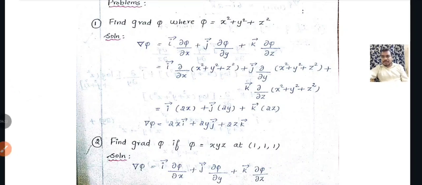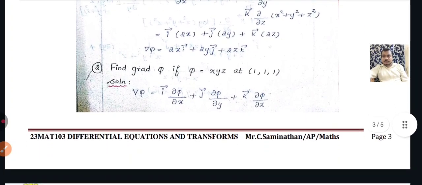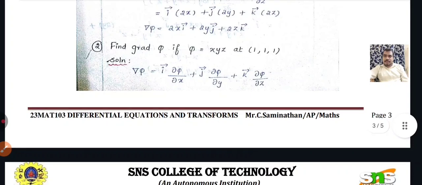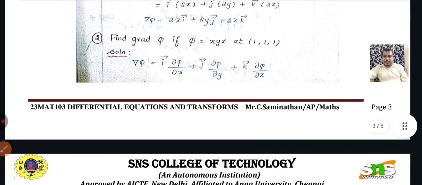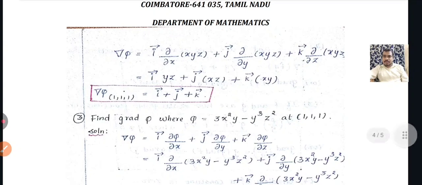So next example, find grad pi if pi equals xyz at 1 comma 1 comma 1. The solution is, we have to find del pi, then we have to apply the point 1 comma 1 comma 1 instead of x comma y comma z.